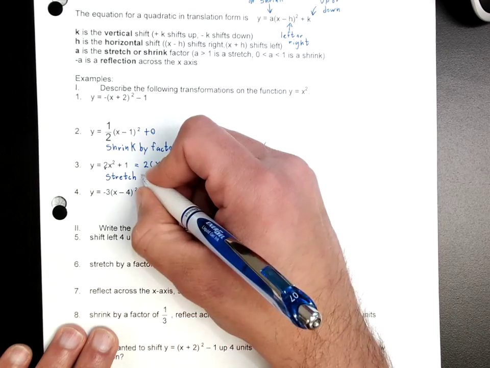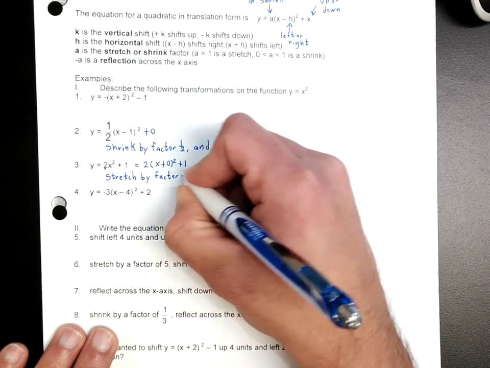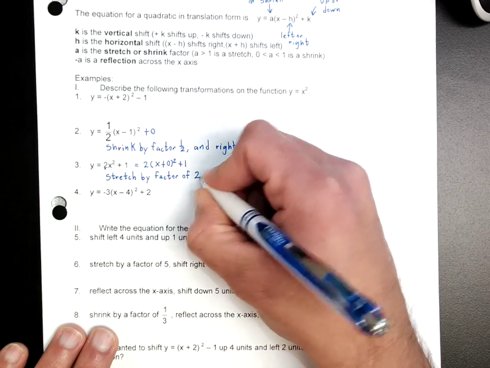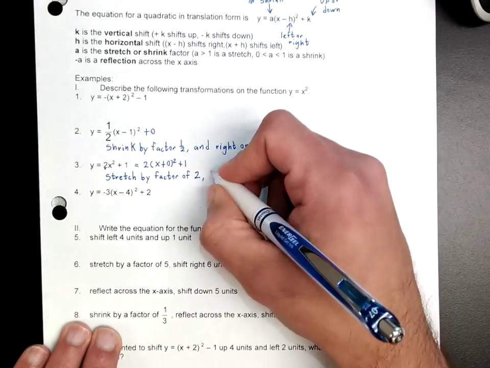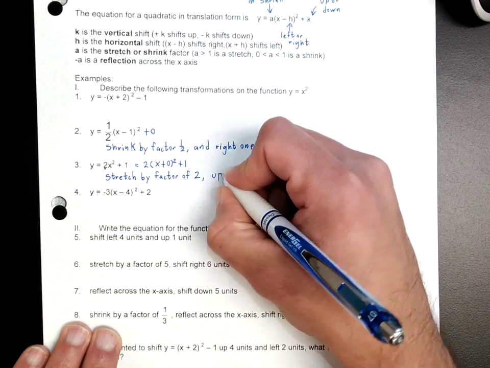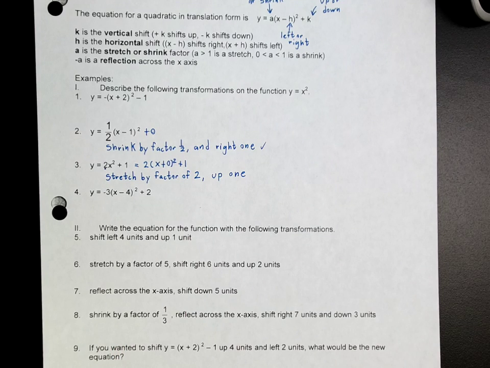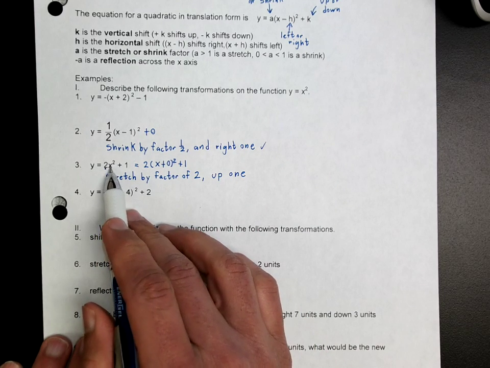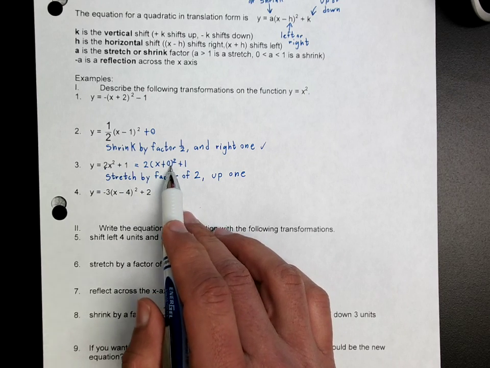So stretch by a factor of 2. And up 1. It's not moving left or right. Now, if you just looked at it like that, this is not moving left or right. That would have to have a parentheses like that with some other number other than 0.